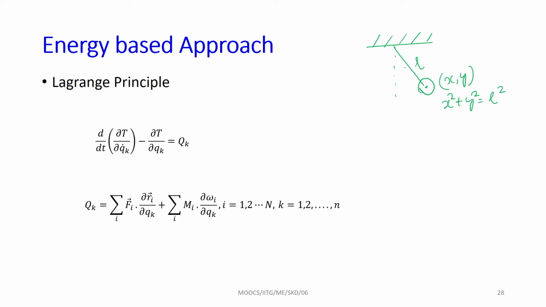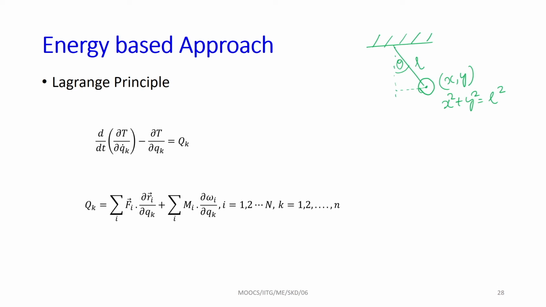But instead of using these two coordinates x and y, one can use the coordinate theta to express the position of the mass. So x equals L sin theta and y equals L cos theta.